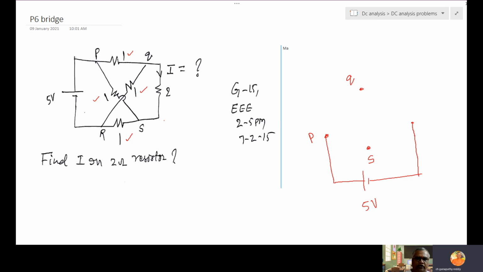So between Q and S, there is a resistance of 2. Between P and Q, there is 1 ohm resistor. Between P and S also 1 ohm.